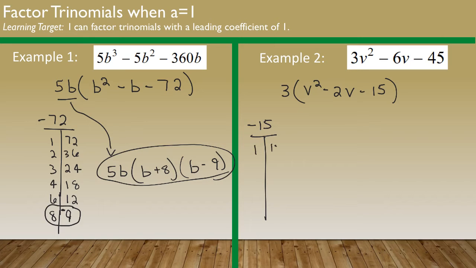So 1 and 15, 3 and 5. Those are all the factors of 15. 3 and negative 5 are going to add to make that negative 2 in the middle. So my answer here will be 3 times v plus 3 times v minus 5.